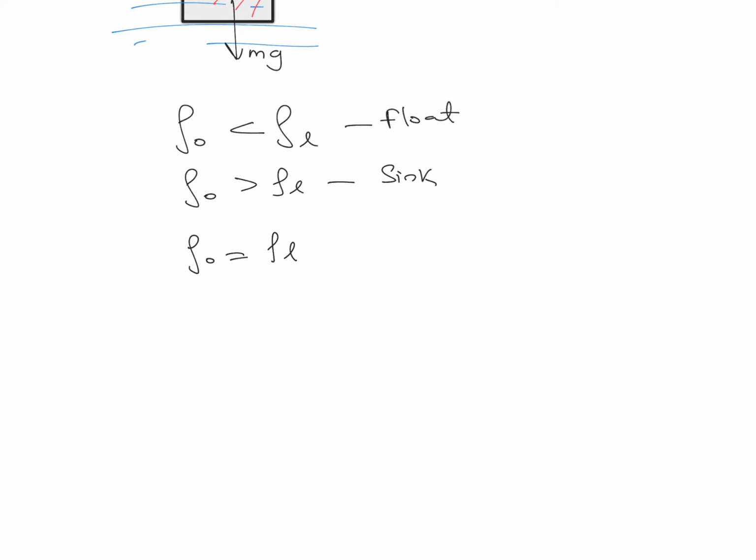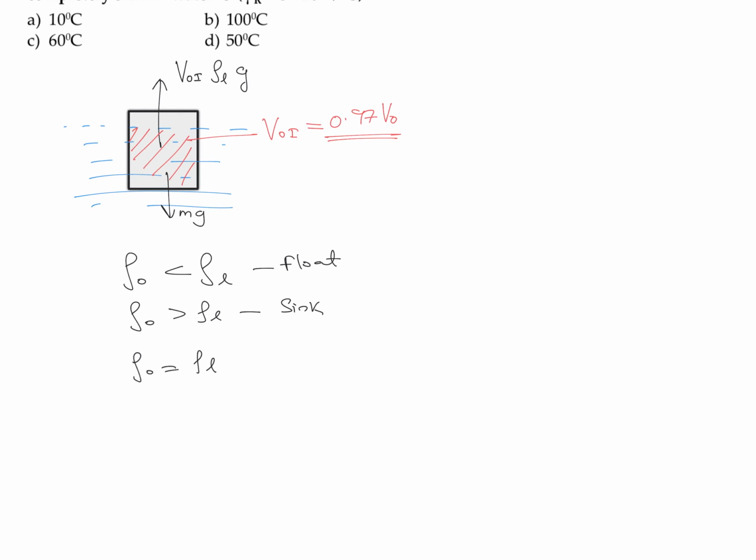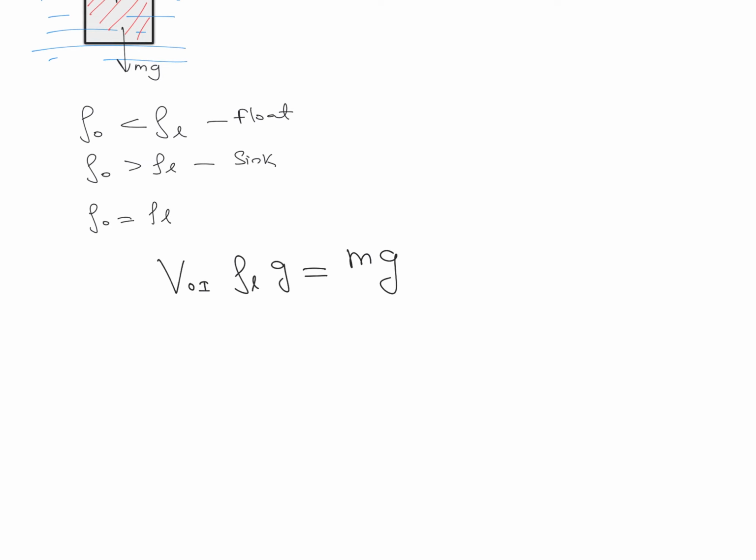First we can find out from the information that when an object floats in a liquid, the upthrust is balanced by the weight of this object, mg. So the upthrust, volume of object inside the liquid times density of liquid times g, balances the weight mg. The volume of object inside the liquid is 0.97 times the total volume of the object, times density of liquid, times g, equal to the mass of the object. The mass of the object is density of object times volume of object times g.